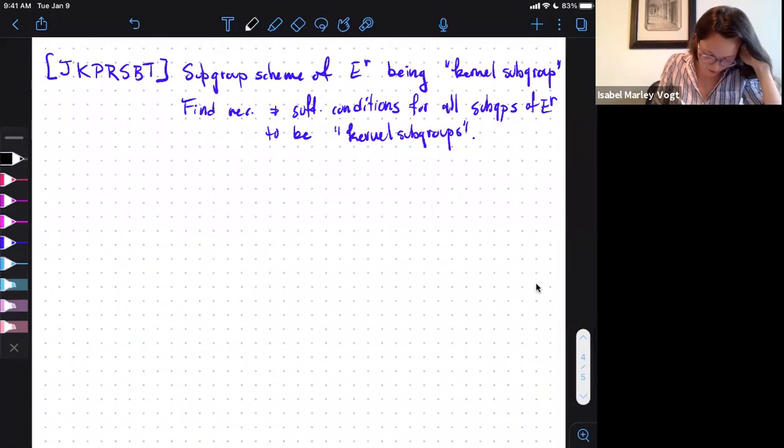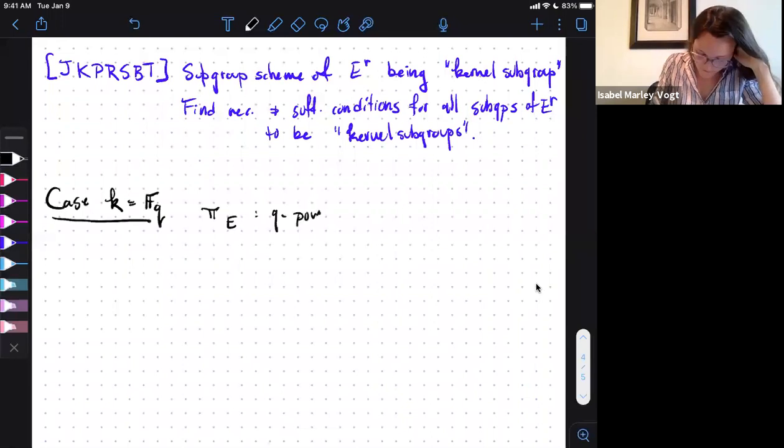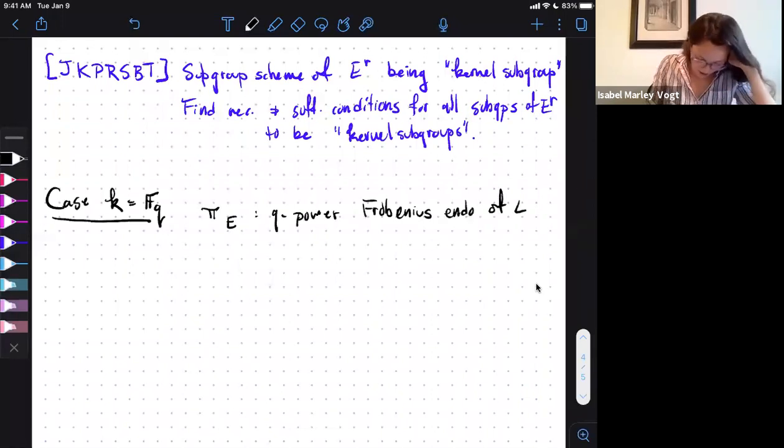Let me just focus on the case that is of interest in this conference. So K is a finite field, write it F_Q. And let's write pi_E for the Q-power Frobenius endomorphism of E.